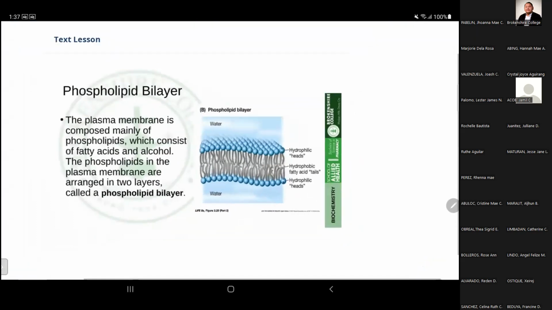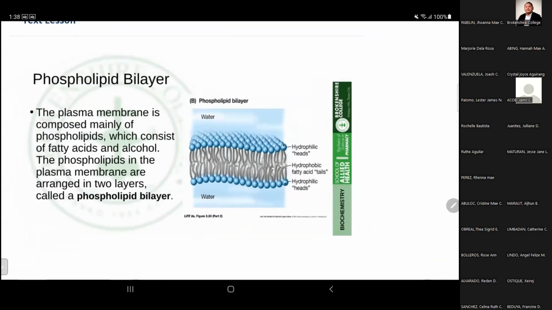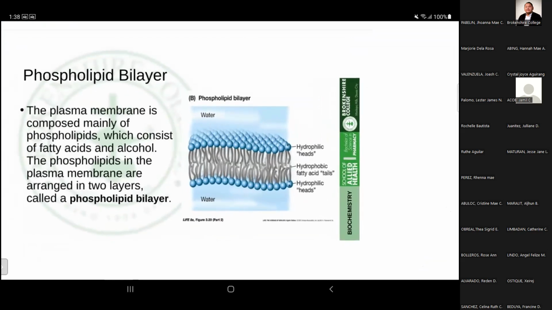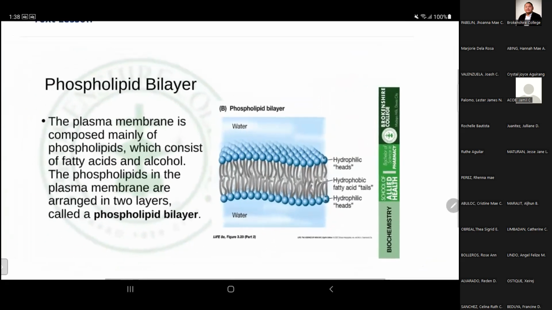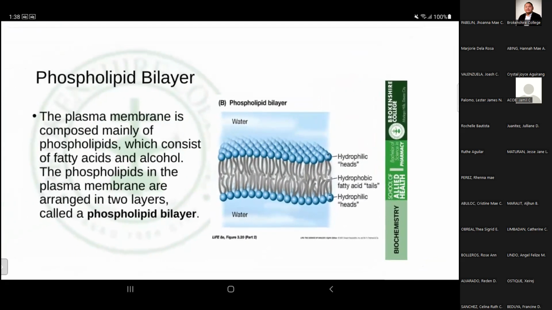Okay, so let's proceed to the different structures of your plasma membrane. But before going to that, talking about selectively permeable: if we have the word permeable, it means all substances, all molecules could pass through in and out of the cell.